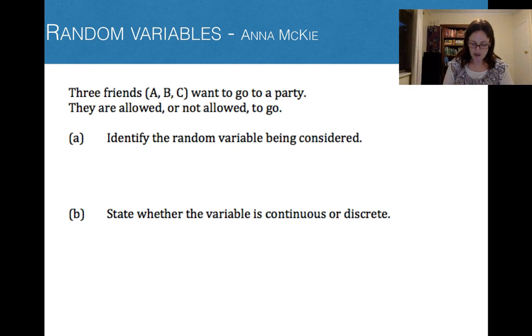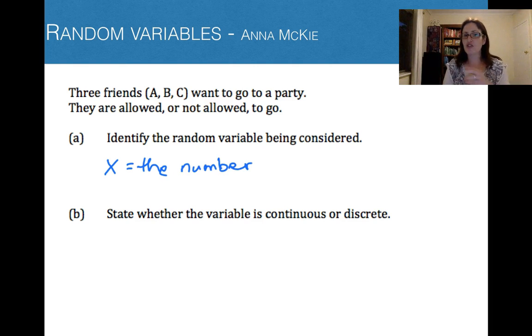For my students, make sure you're writing down everything that you see on the screen. So identify the random variable being considered. You'll be asked this quite often in the questions that you'll be doing. And so we say that it's X, and it's how many friends are going to the party. So the number, we often say.